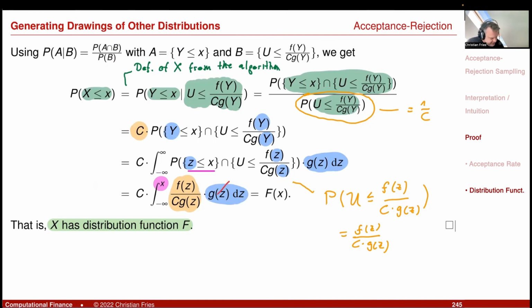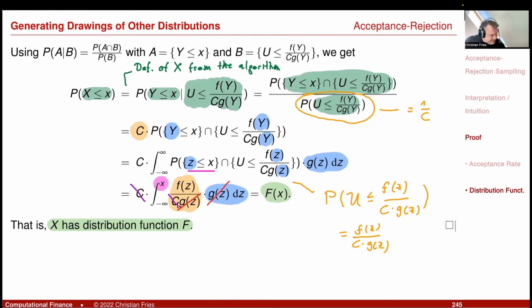The density g cancels, and also the c in front canceled, because we renormalized with this probability. I'm just integrating the density f from minus infinity to little x. That's just the distribution function F of x.